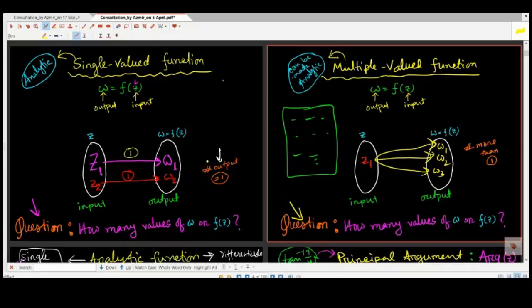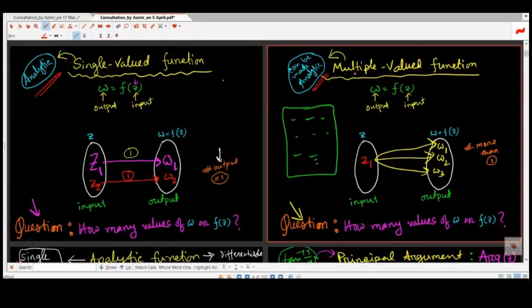One thing we need to mention here is that any single valued function is analytic, but multiple valued functions are not analytic but can be made analytic. So how can we make multiple valued functions analytic?